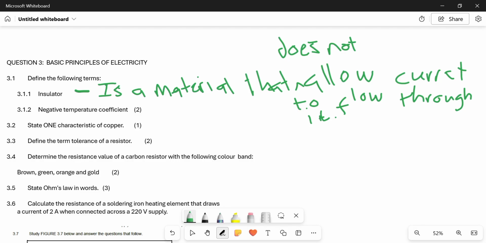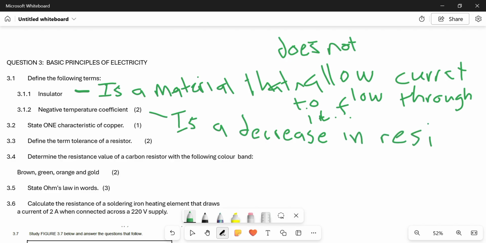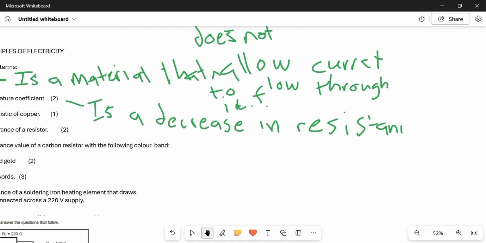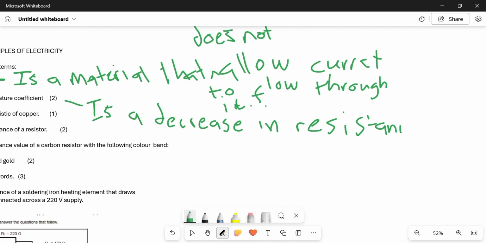So, a negative temperature coefficient is a decrease in resistance when temperature increases. Sorry, let me just remember my handwriting.